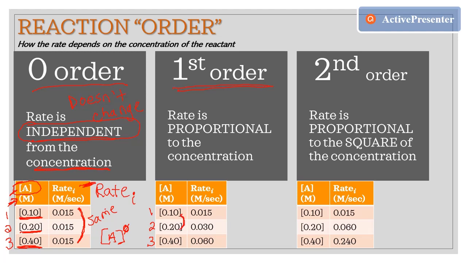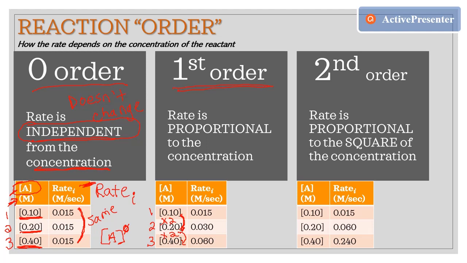In Experiment 1, our concentration was 0.10 molarity, and in Experiment 2, it was 0.20 molarity. So that means it's times 2. We doubled it. And from Experiment 2 to Experiment 3, we went from 0.20 molarity to 0.40 molarity, so that's also been doubled, times 2.